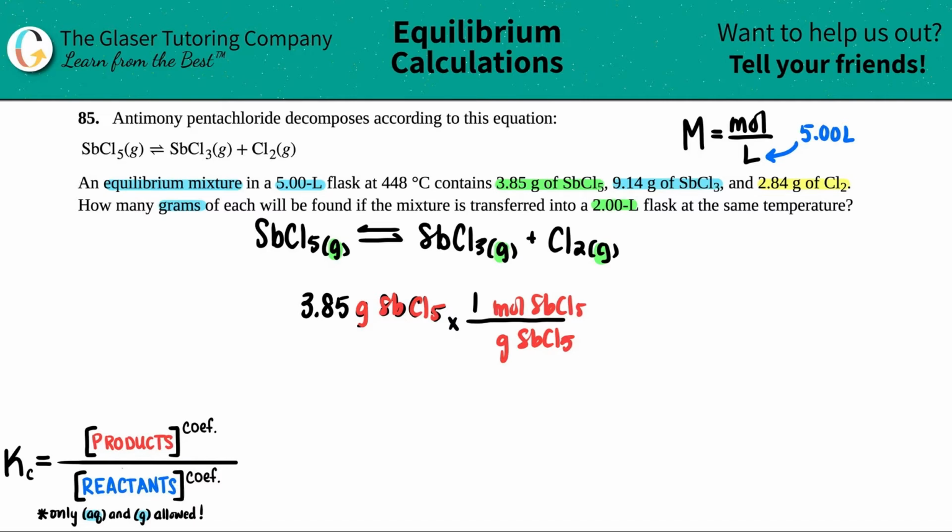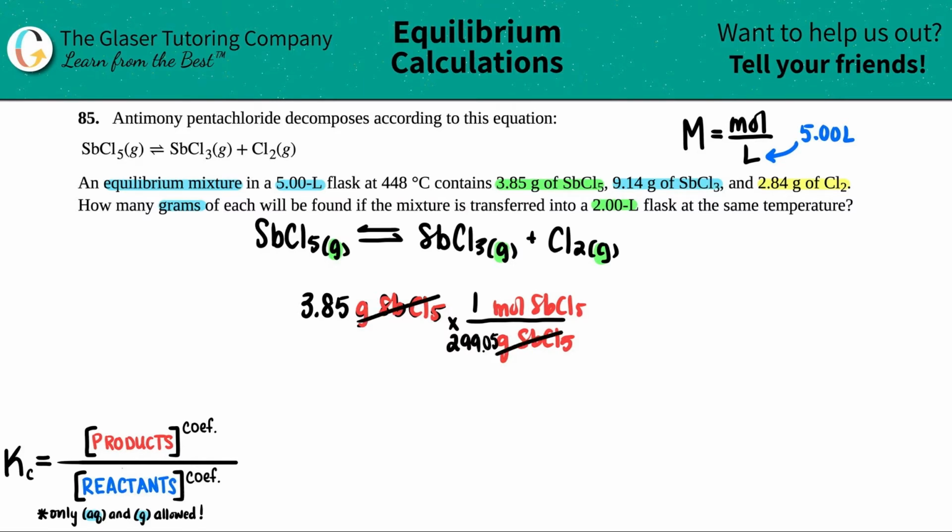I'm losing my voice. But all right, so first off, we got to find out where is Sb. Where's antimony? Here it is. 121.8 plus 5 times 35.45. So 299.05.